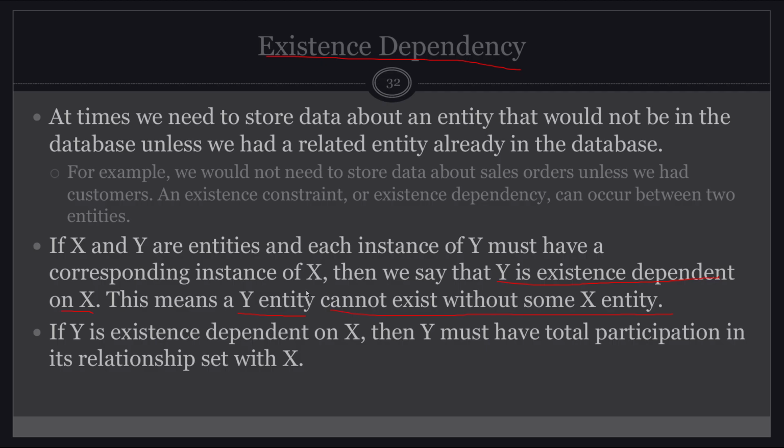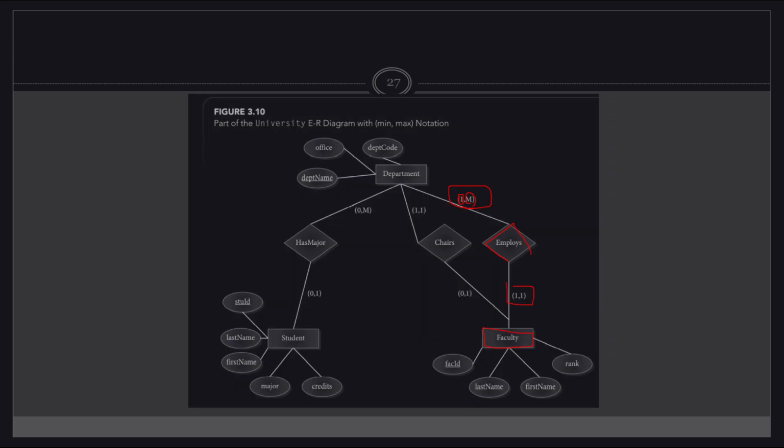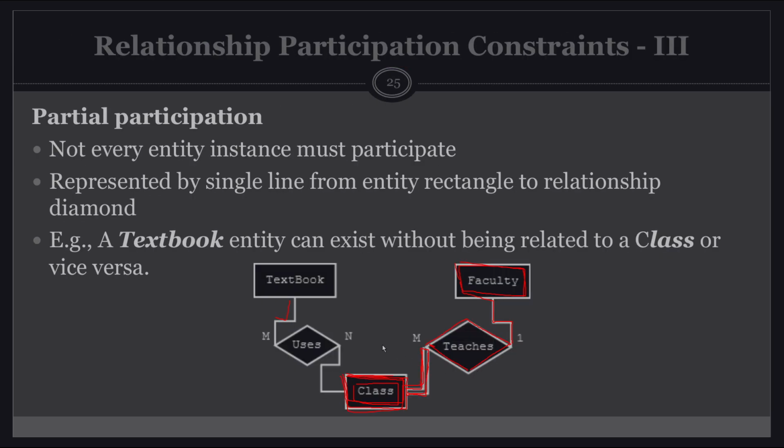In other words, every single instance in the entity set y must have a corresponding instance of x. And if y is said to be existence dependent on x, then y must have total participation in its relationship with x. There's an example at the back here.